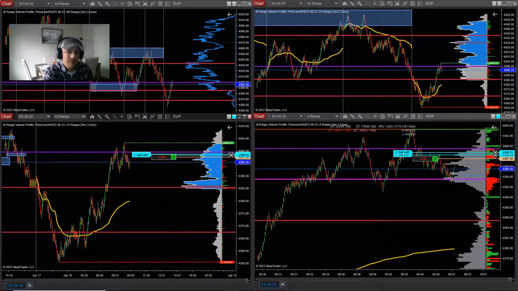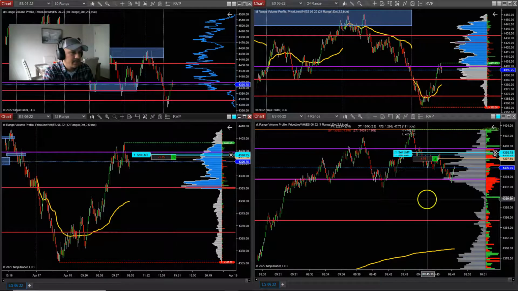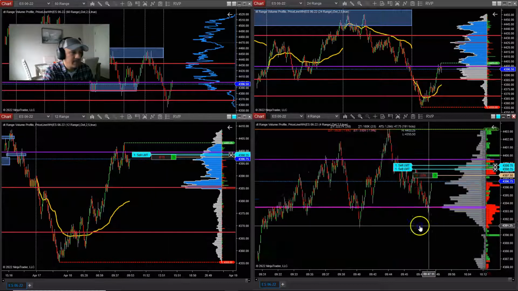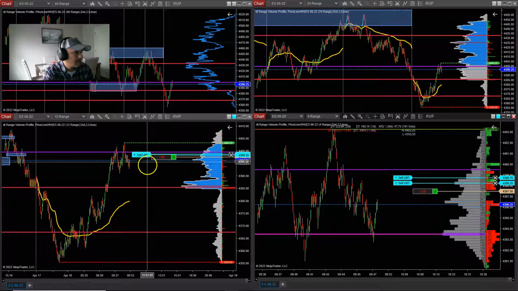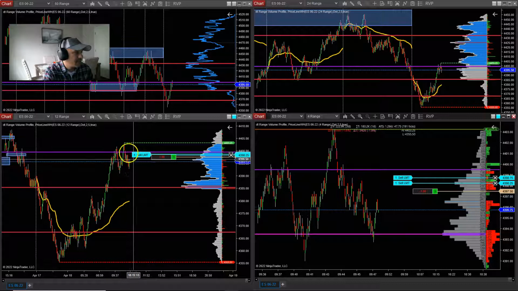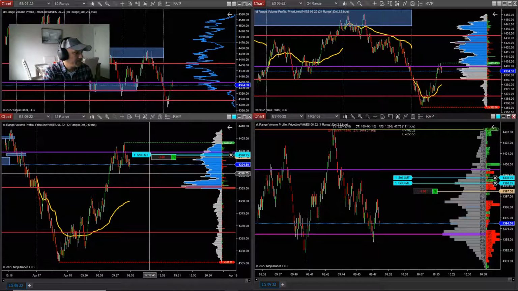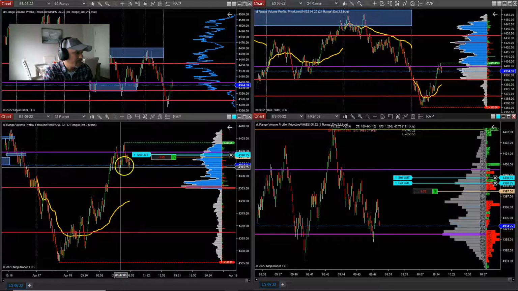Yeah, I bought too early, guys, on this trade here. Way too early. Now it's got to break this area here. It breaks this area, comes back up to the top of here. I should have waited for price to pull back here.